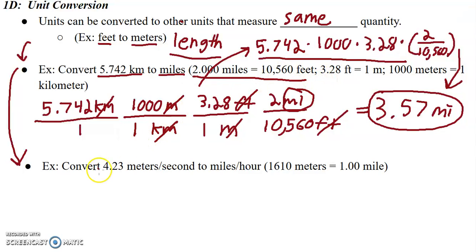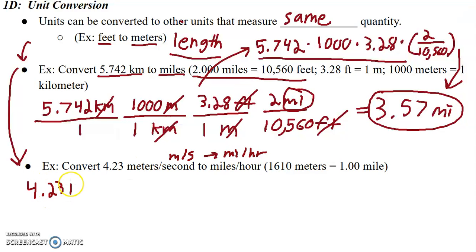Okay, last one down here, meters per second into miles an hour. This one's a little bit trickier because it's meters per second. So it's how many meters in a second, and that needs to go to miles an hour. There are two units associated, and they're being put one over the other.